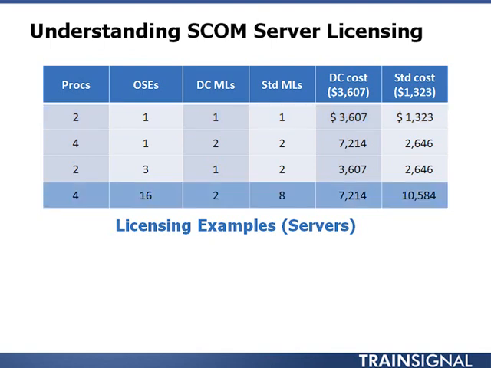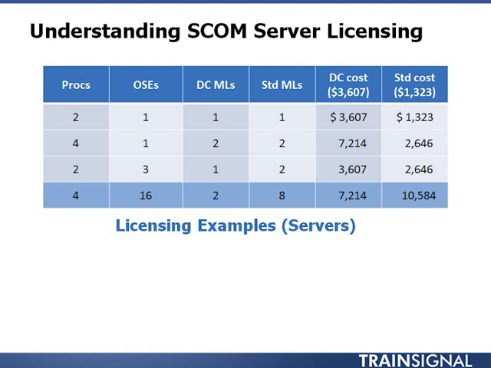Let's go to the bottom. You have a 4-processor server, so it has 4 processors in it, but you're running 16 operating system environments. So you're running, say, 16 virtual machines or 15 virtual machines plus the host. In this case, you would have to buy 2 data center management licenses because there's 4 processors. Remember, a single data center management license covers 2 processors, hence 4 processors requires 2 data center management licenses.